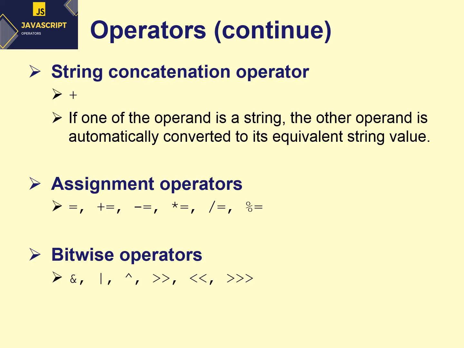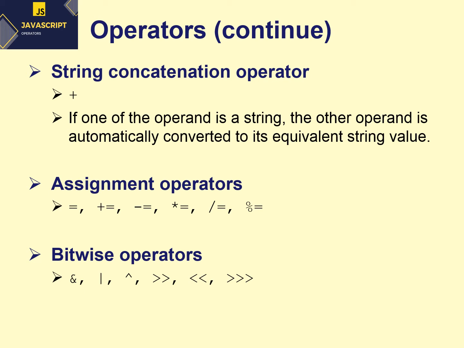We are continuing with the operators. Now we can see the string concatenation operator. Like other programming languages, in JavaScript also the string concatenation operator is denoted by the plus symbol. So plus is an operator which is used for string concatenation, that is, for appending a new string or a character to an existing string.